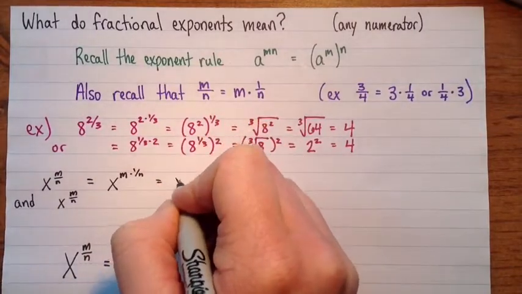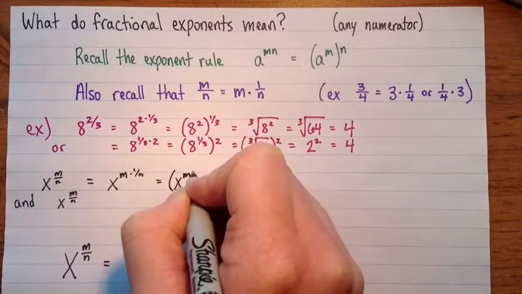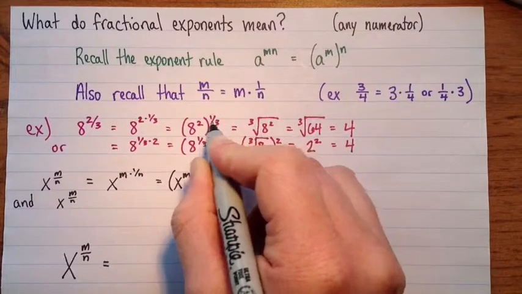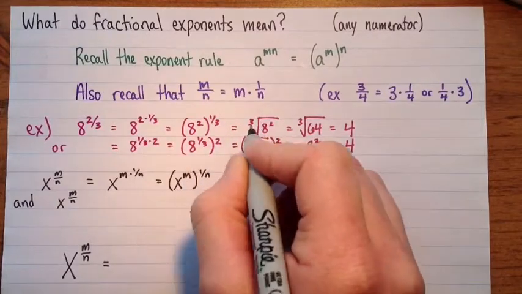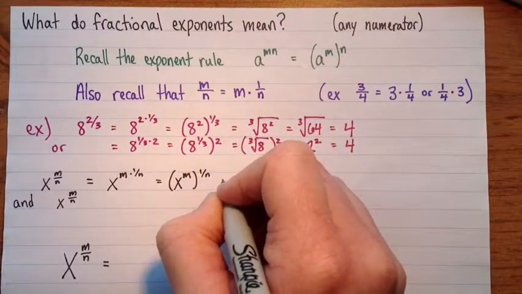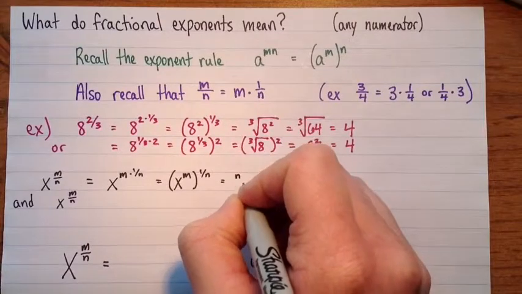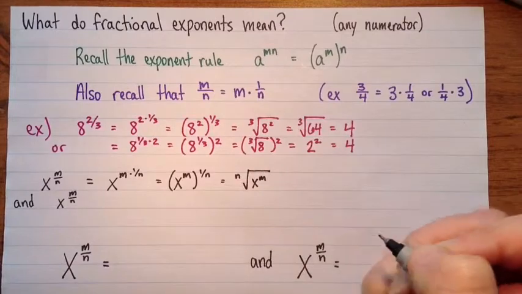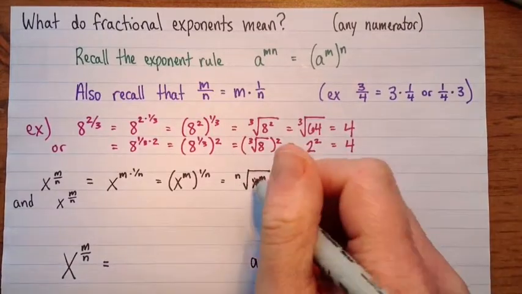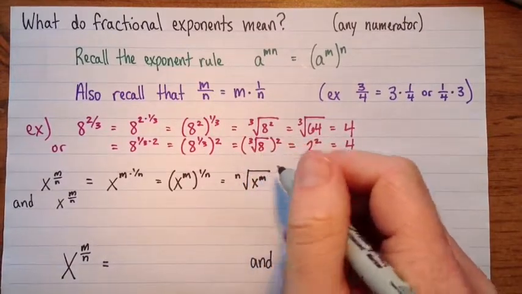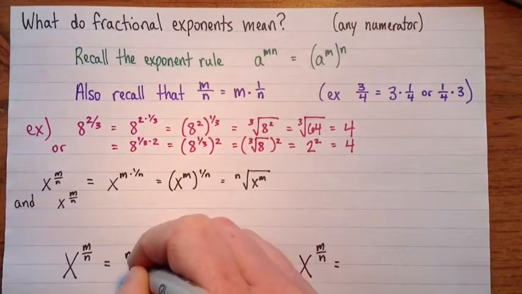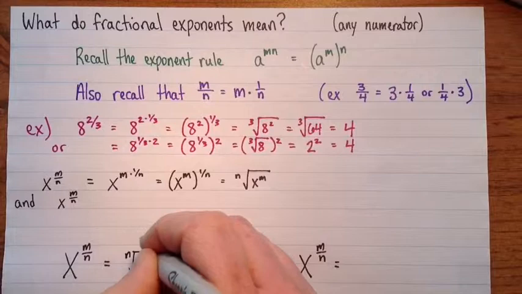So I have x to the m in brackets to the exponent 1 over n. Now I'm going to take my exponent of 1 over n and write it as a radical. So it's going to be the nth root of x to the m. So x to the m over n equals the nth root of x to the m.